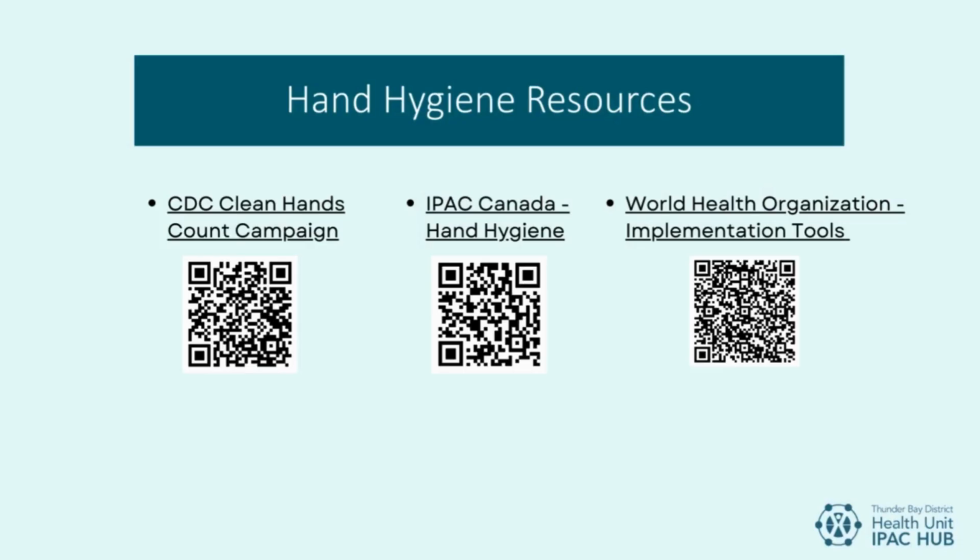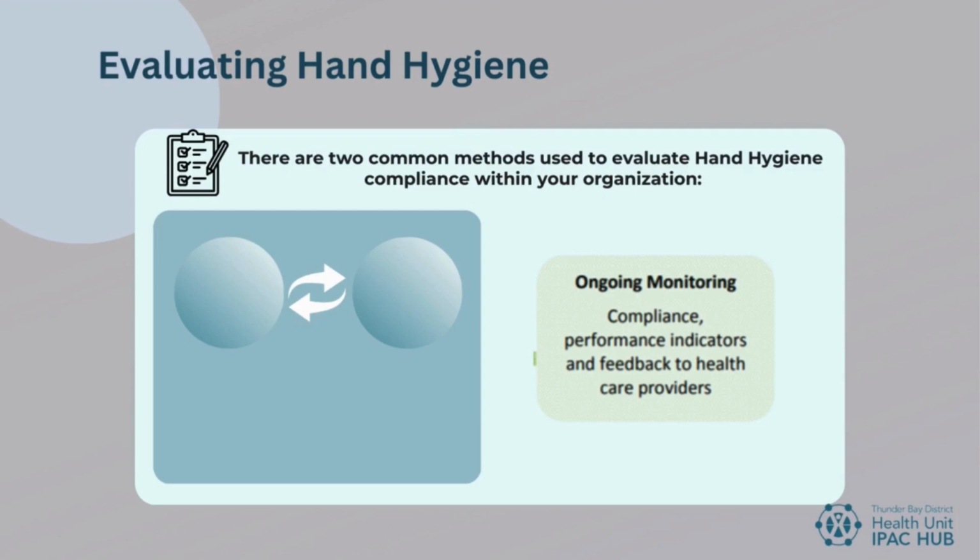These are just some resources that can be helpful when looking for evidence-based information and tools to implement within your facility. Hand hygiene performance can be monitored directly or indirectly. To evaluate hand hygiene compliance within your organization, you most likely are implementing both methods, however, we don't realize it.